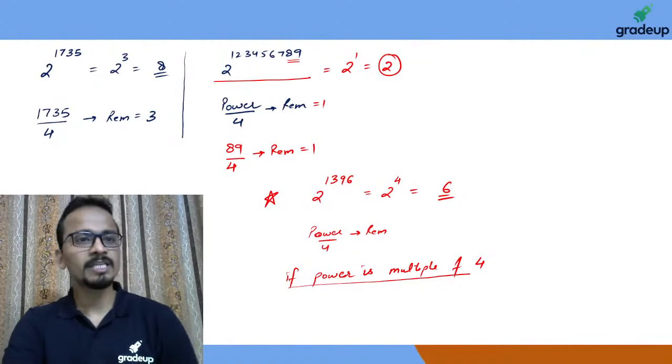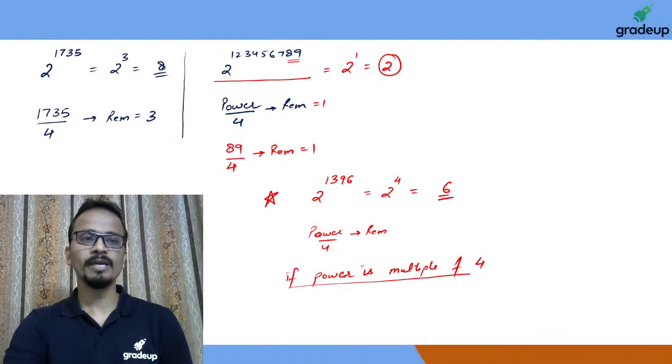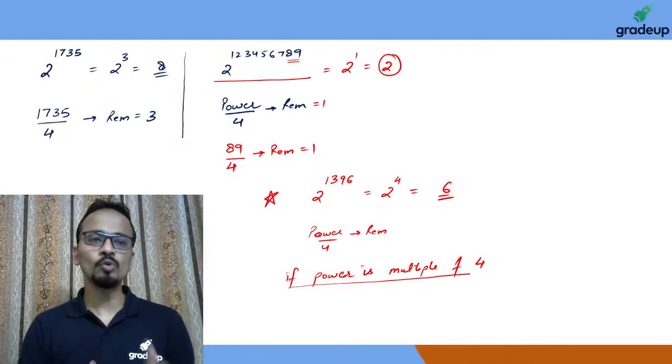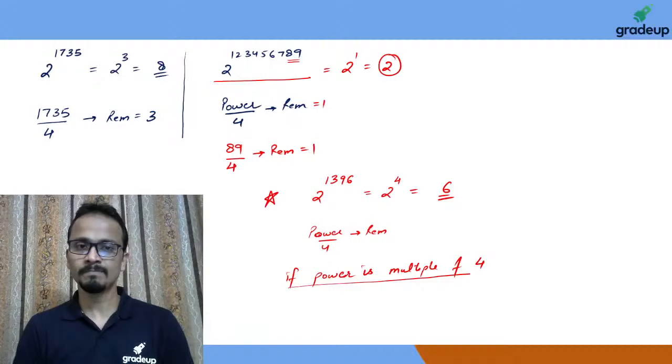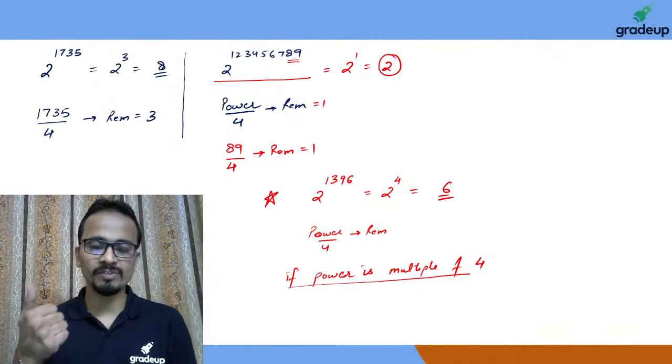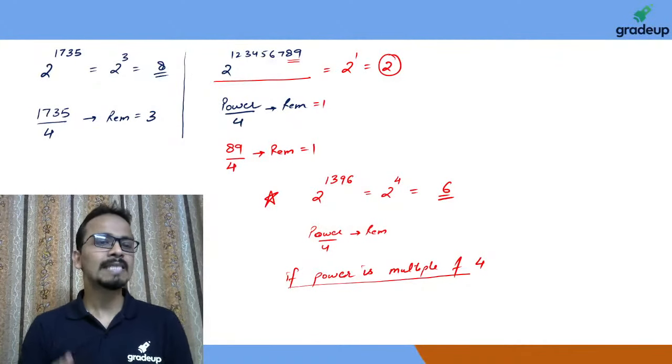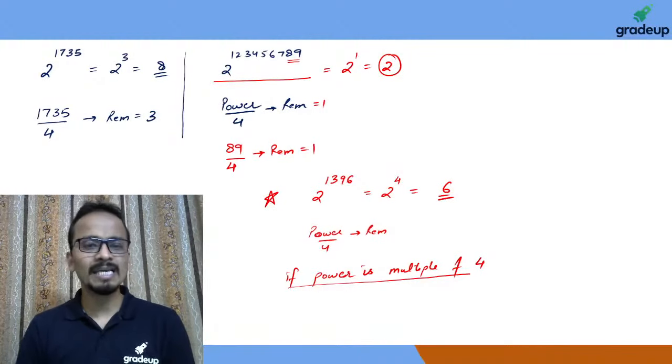So let's review whatever we have done till now. We have taken the base as 2, and we are calculating the unit digit of any power of 2 by using the method of cyclicity. We have obtained that the cyclicity of the unit digit whenever we are dealing with powers of 2 is 4.